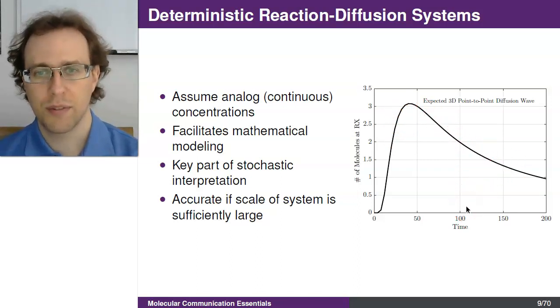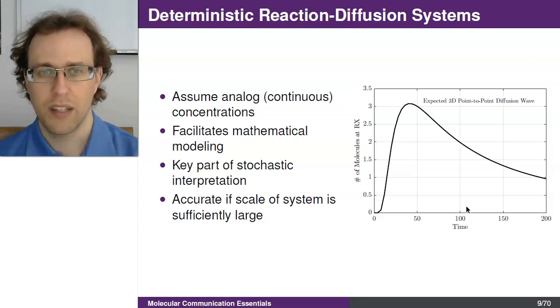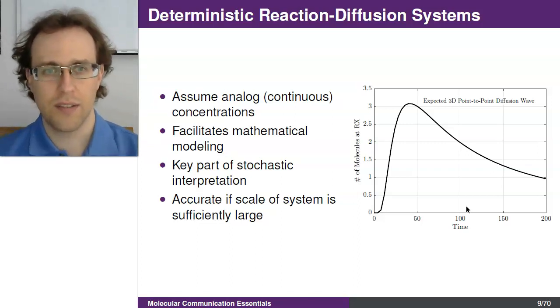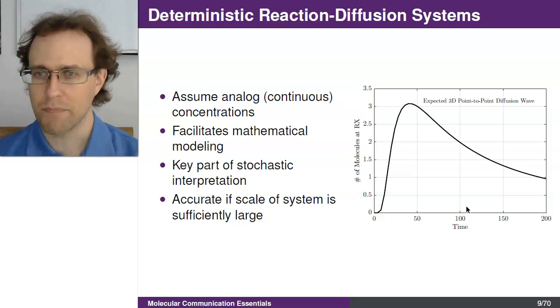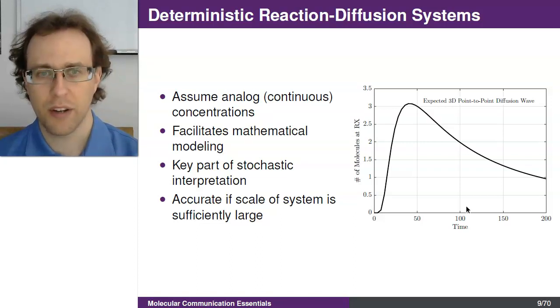This approach is useful because it facilitates a lot of the mathematical modeling, and it's actually a key part of the stochastic interpretation. So we need to start with a deterministic approach to give us important information that we need to know to understand the statistical behavior of these systems. With that being said, if your system is on a sufficiently large scale, a deterministic approach can actually be quite accurate.